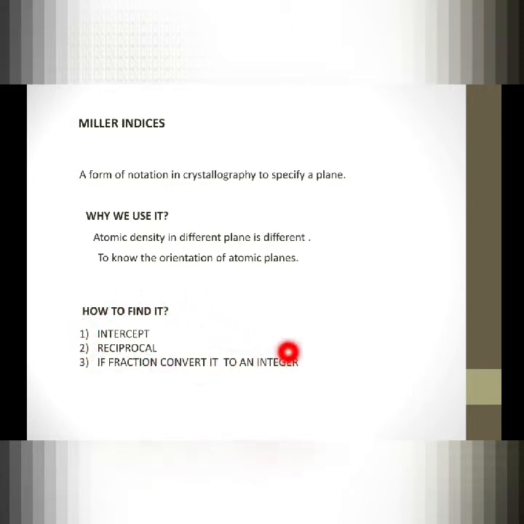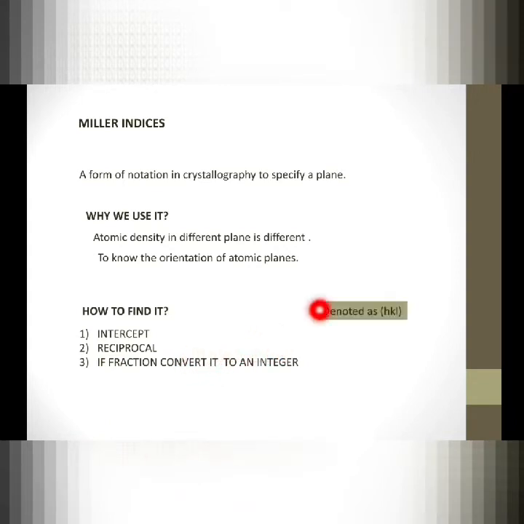These are the 3 main things to find Miller indices or to draw a Miller plane. First of all, take an intercept of a point, then take the reciprocal of that intercept, and third, if the reciprocal is a fraction, then convert it to an integer.